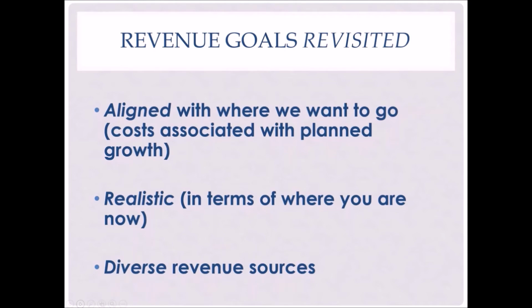We just went through how you can get a sense of where you are now. So, relating back to your SWOT, do your revenue goals take into account any weaknesses and threats? Do they build upon your strengths? Do they take advantage of opportunities? And do they take into account other assessment findings around your board and infrastructure?